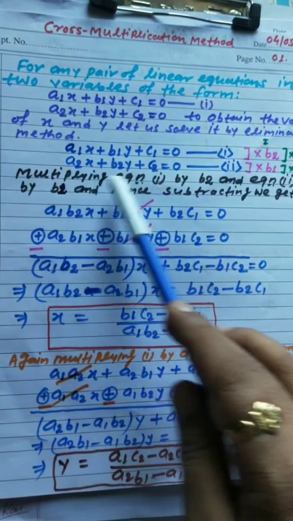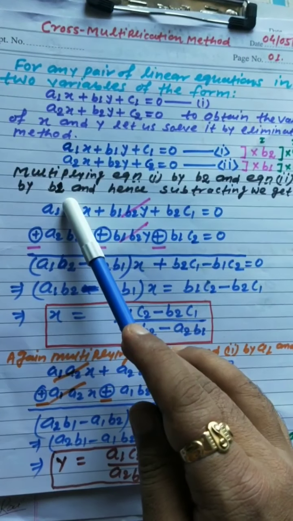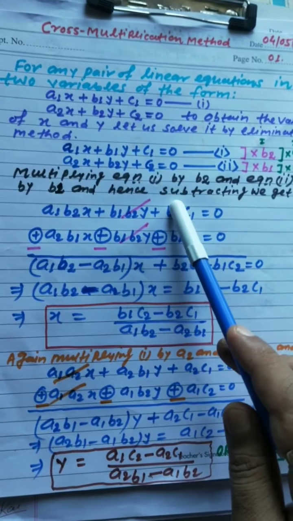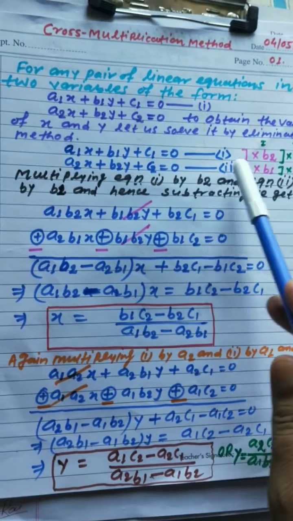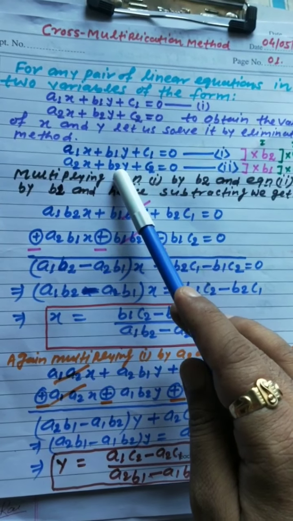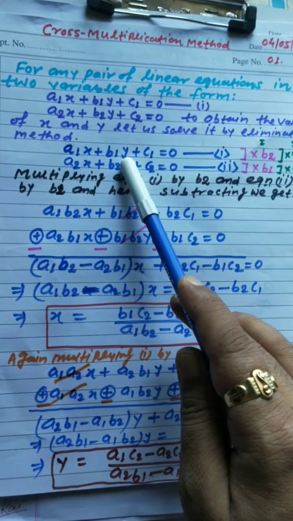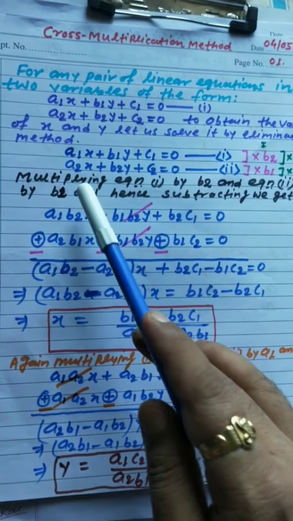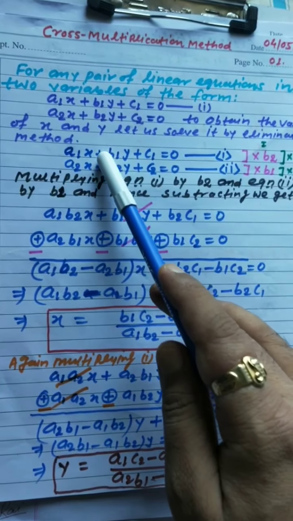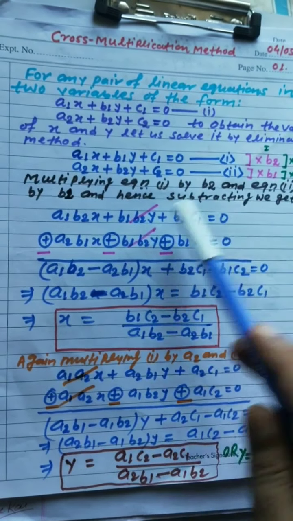So multiplying equation first by b2 and equation second by b1 and hence subtracting, we get. फर्स्ट इक्वेशन को b2 से मल्टीप्लाई करेंगे, मतलब कोफिशिएंट ऑफ y इन सेकेंड इक्वेशन से, और सेकेंड इक्वेशन को b1 से मल्टीप्लाई करेंगे यानी कोफिशिएंट ऑफ y इन फर्स्ट इक्वेशन से. And since both the signs are the same here, we have to subtract it.